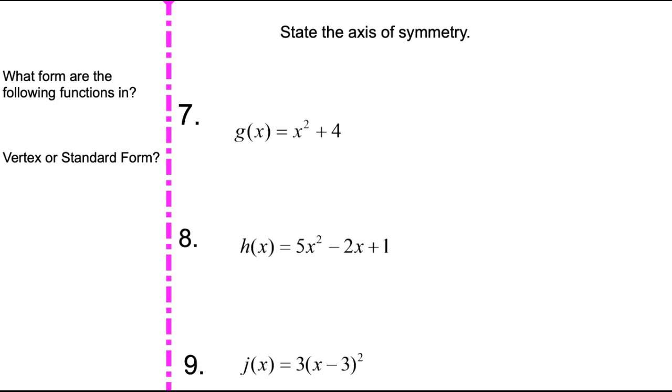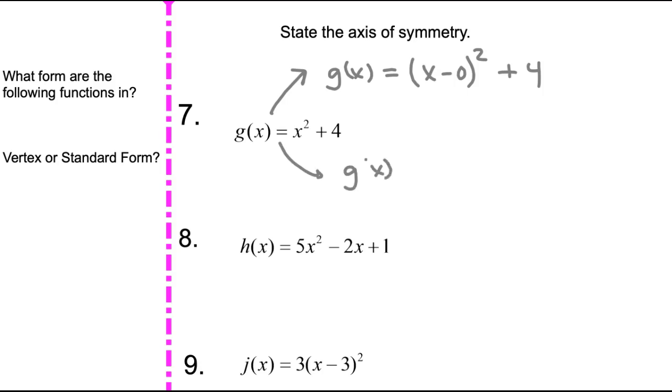If I rewrote this a different way and said g of x is equal to x minus 0 squared plus 4, you'd say, oh, vertex for sure, right? If I wrote it another way and said g of x is equal to x squared plus 0x plus 4, you'd probably go, oh, yeah, that's standard form for sure, right?